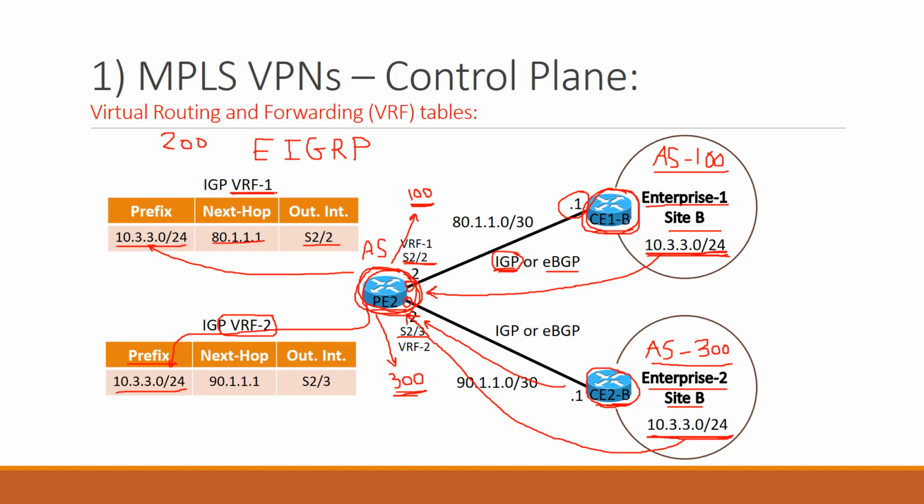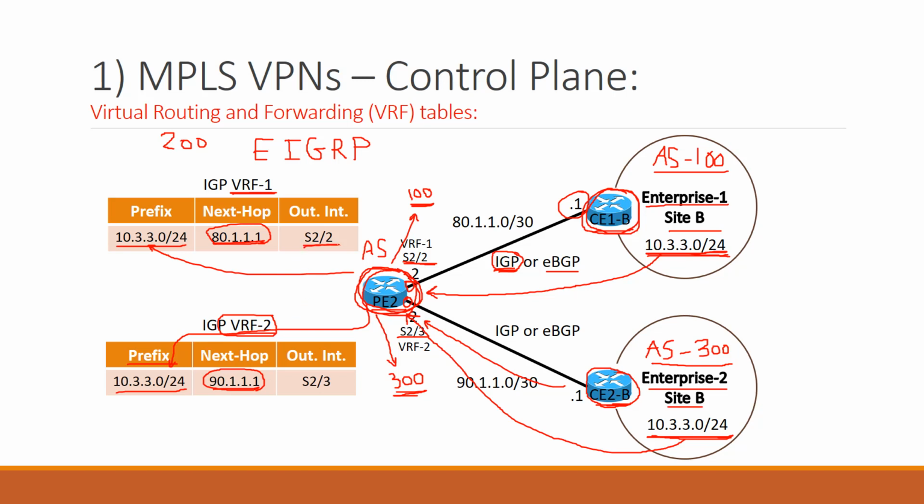Here VRF1 for Enterprise 1, and here VRF2 for Enterprise 2. And the next hop IPs are different. This 80.1.1.1 represents the customer edge for Enterprise 1 side B, and this 90.1.1.1 next hop represents the IP address of the customer edge router of Enterprise 2 side B.